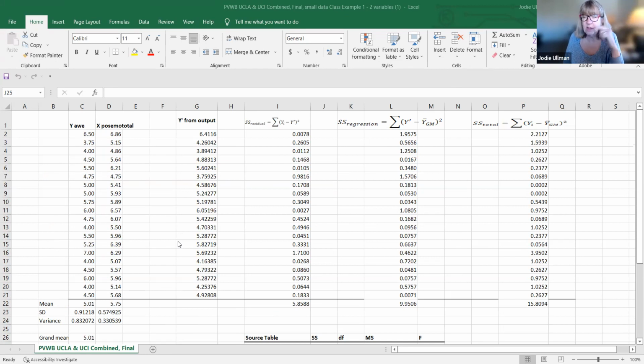What I added, and I'll show you how to do this in SPSS, is I saved the predicted scores. Typically when you're doing data analysis, you may or may not need to save the predicted scores. But in this case, because we're going to do the sums of squares, we do want to save them.